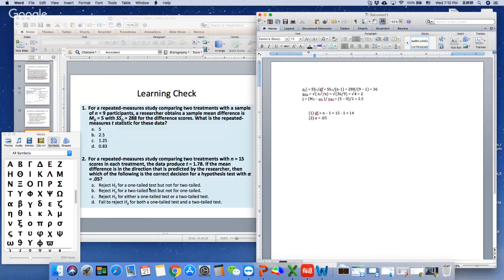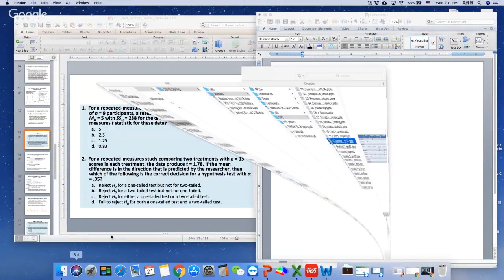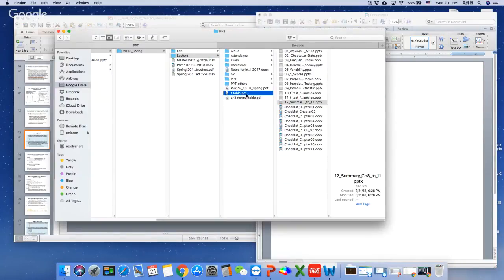And here we are asking about whether it is one-tailed or two-tailed. And then we need to use the t table, right?